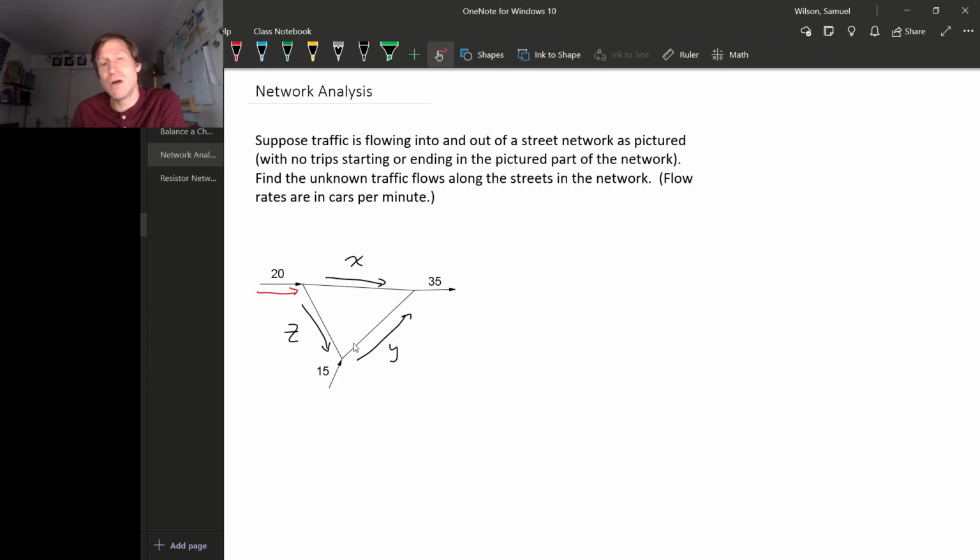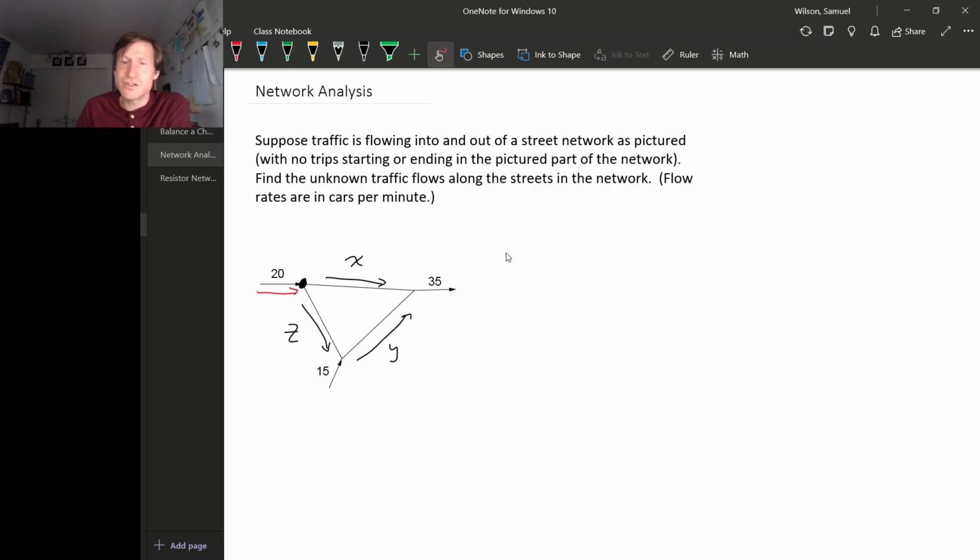All right, so how does this help the situation? Well, let's look at one of these intersections. So say right here. Because there aren't any cars that start or end their trip in this part of the street grid, at each intersection the number of cars flowing in must be equal to the number of cars flowing out.